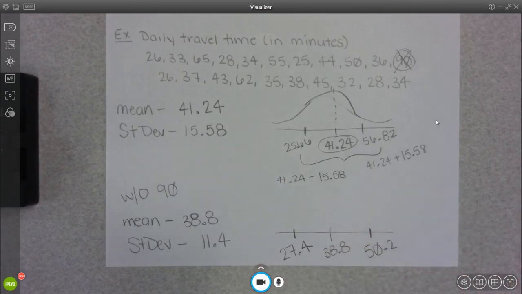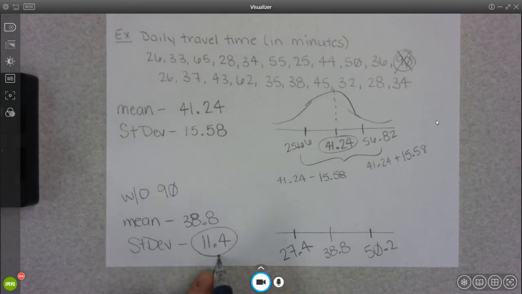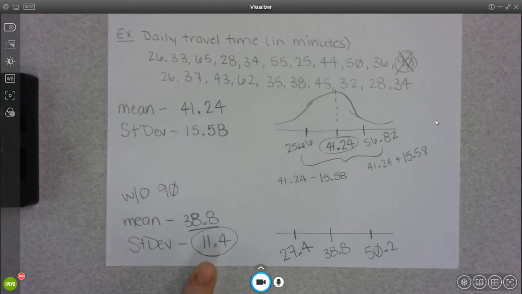So now looking at how taking 90 out has changed my data set. My values are closer to the mean because my standard deviation is smaller, and my mean is now smaller. If you think back to yesterday, remember we talked about how outliers drastically change the mean.